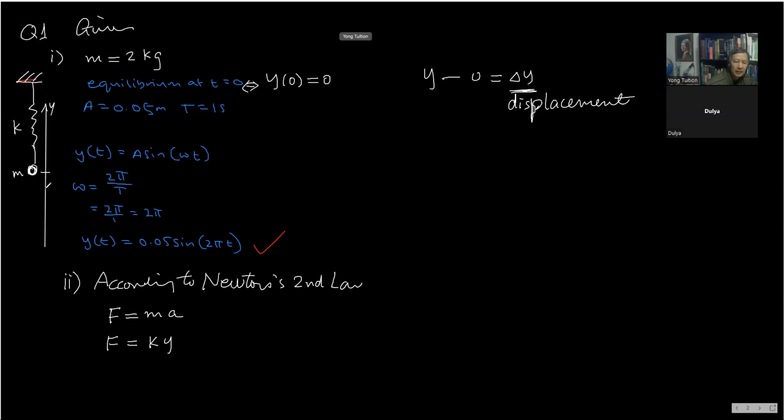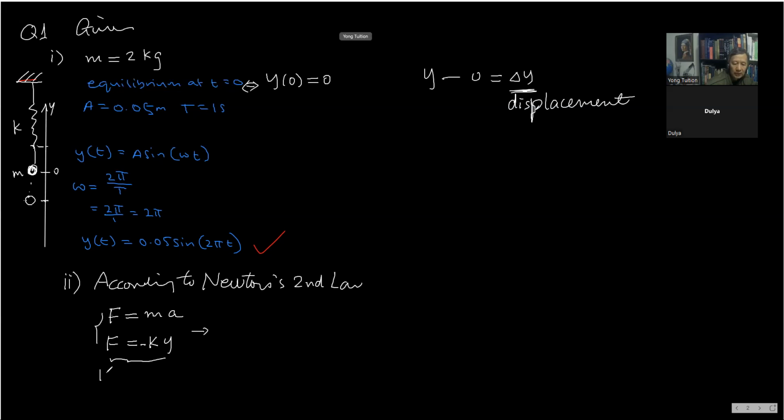So y will be the displacement. If you elongate the spring, that will be the position, and if you compress it, that is the other position. So those are the two formulas. If you combine them, the force is always negative to the direction of the y-axis. This is called Hooke's law.